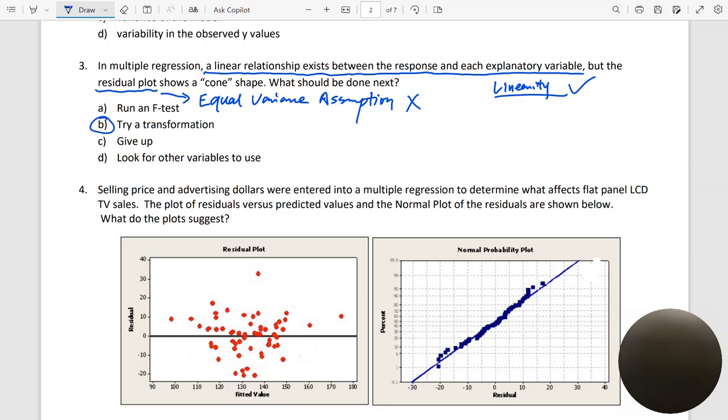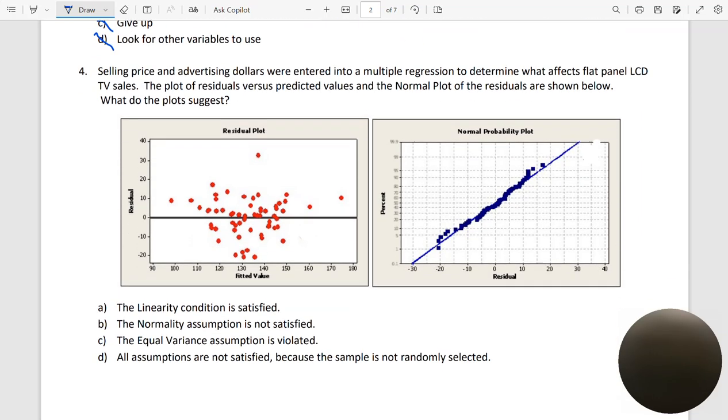In regression, we never quit, because we can always find a way to fix the assumption problem by transformations. Of course we don't want to give up, and it is the same thing if you look for other variables to use, because you are giving up the previous variables.